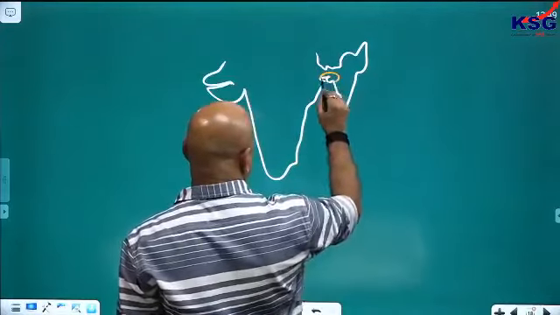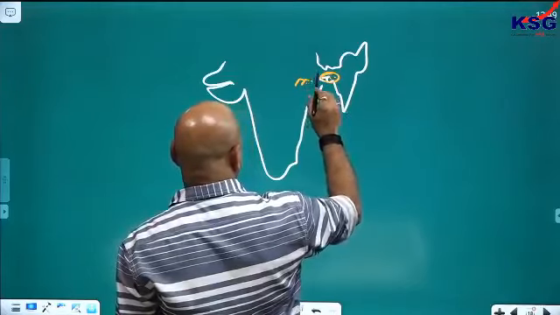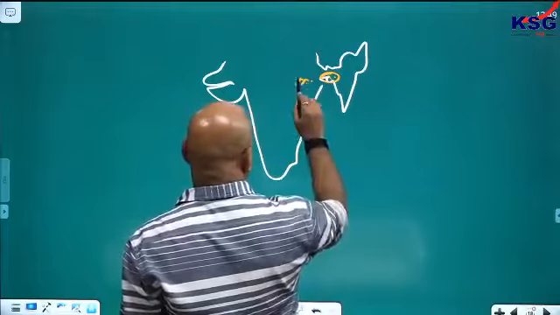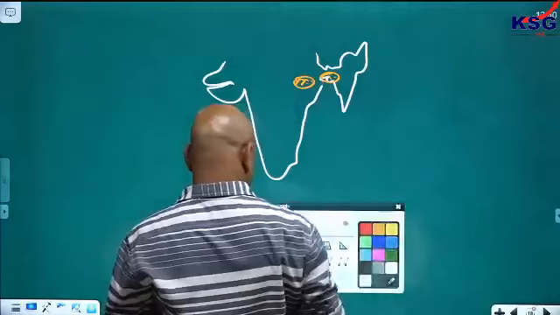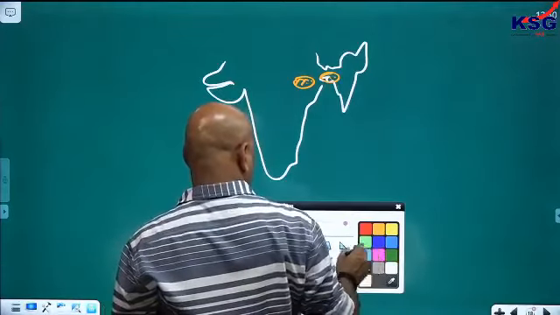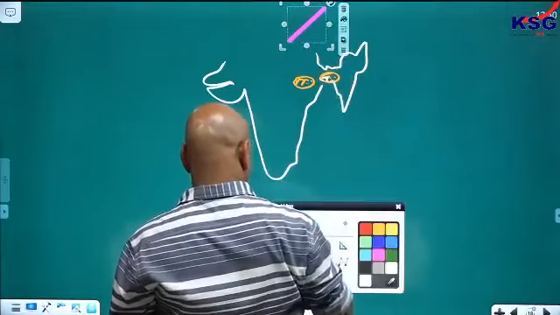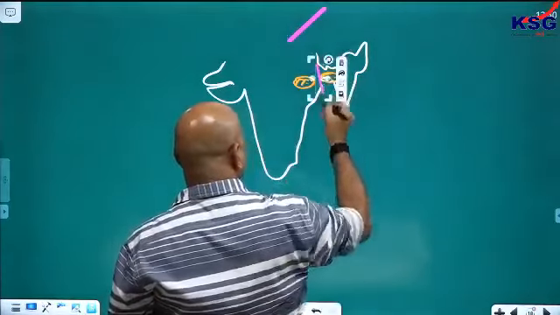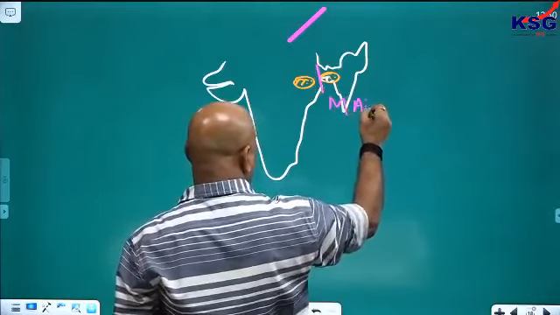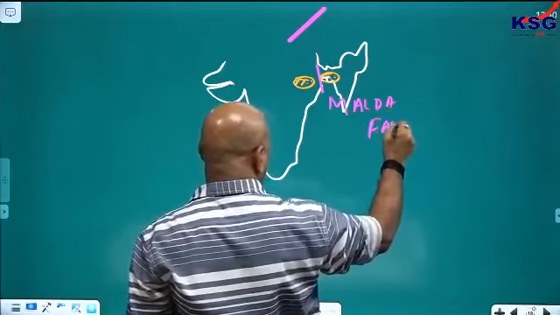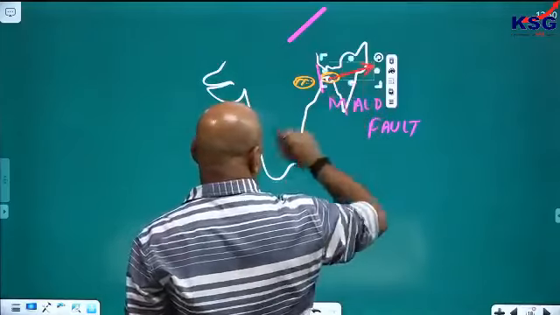This region is your Meghalaya plateau. Here we have your Rajmahal Hill. Now they got drifted away, in fact. This is called the Malda fault. This area got fragmented and drifted away in this way.